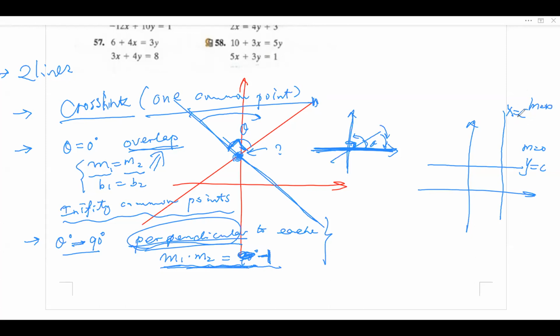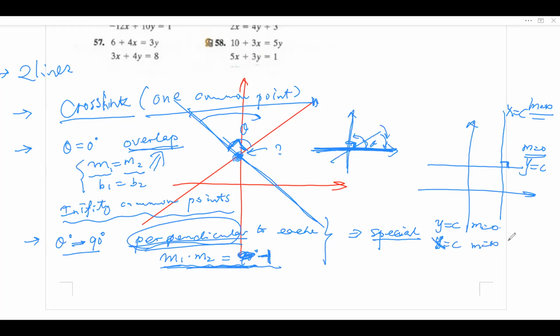These two are also perpendicular to each other. Do you notice that? One slope is 0 while the other slope is infinity.